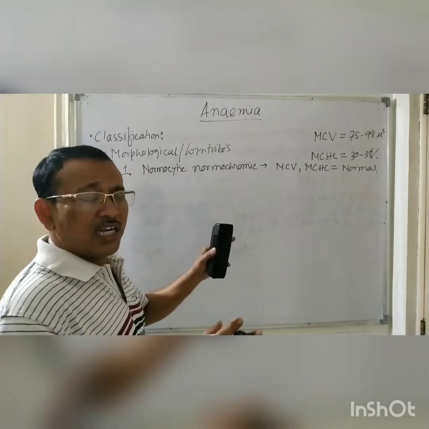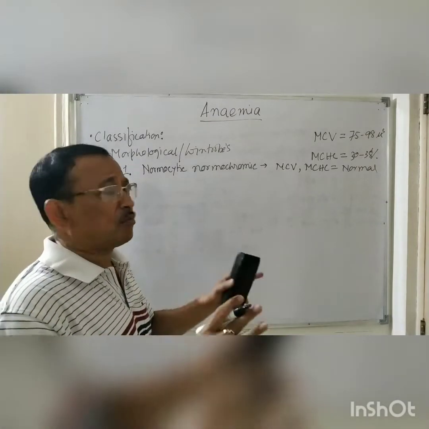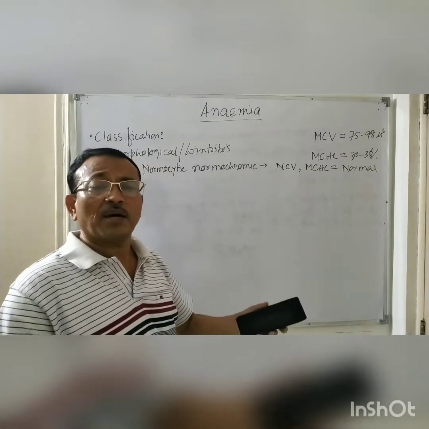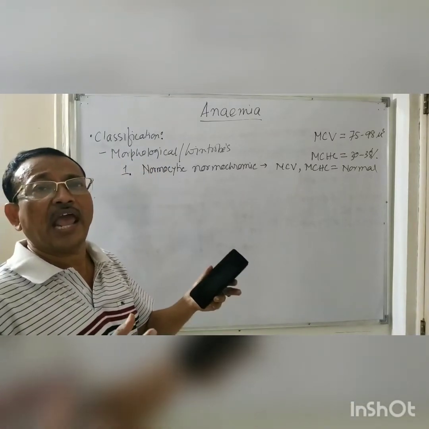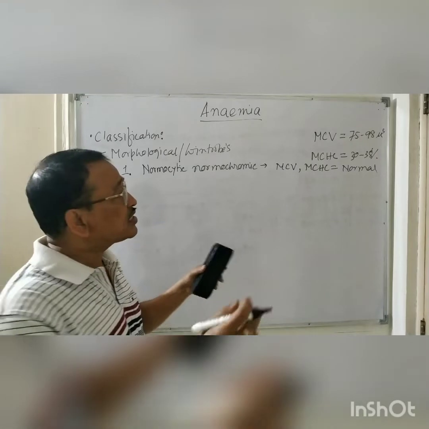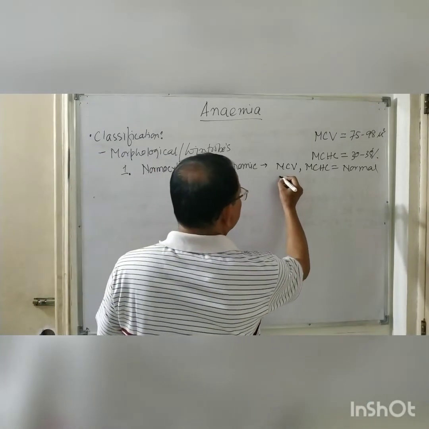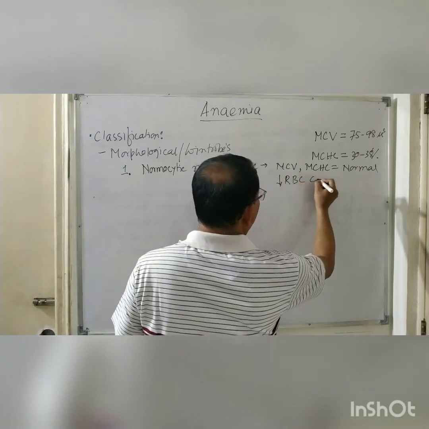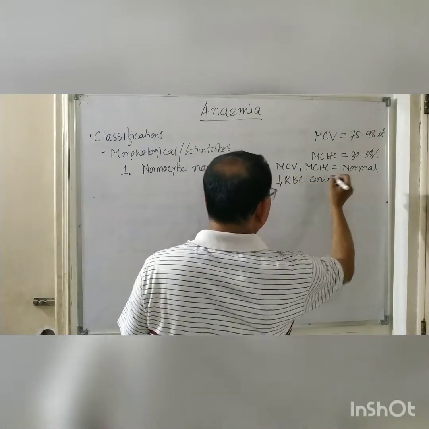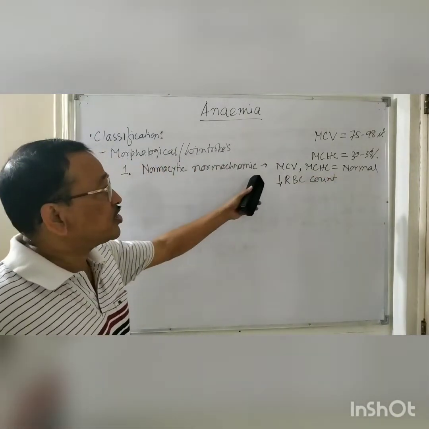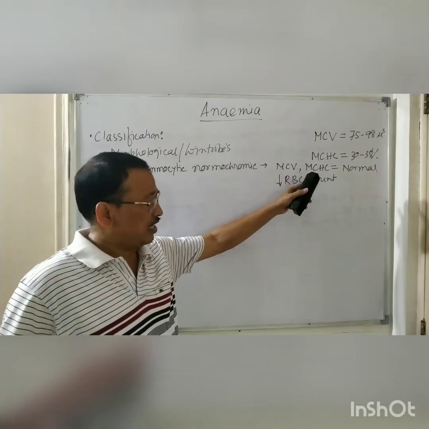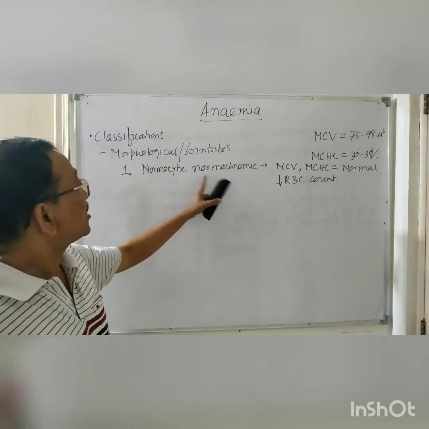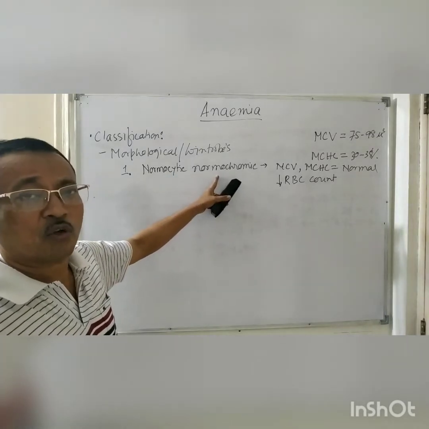Size is normal and hemoglobin content is normal, even if the person suffers from anemia. This is because there is a decreased RBC count. MCV is normal, MCHC is normal, but the RBC count is decreased in normocytic normochromic anemia.